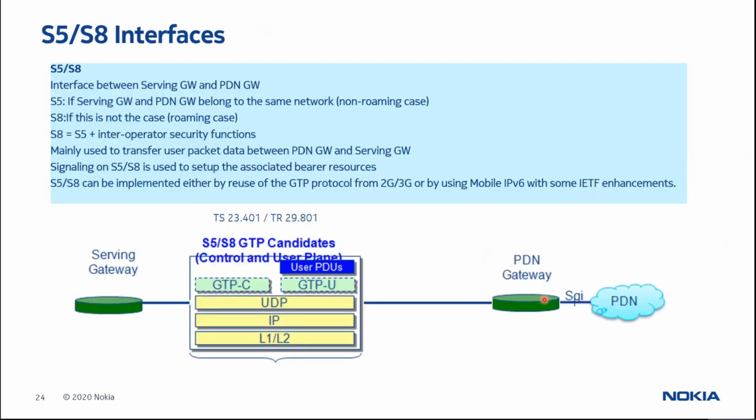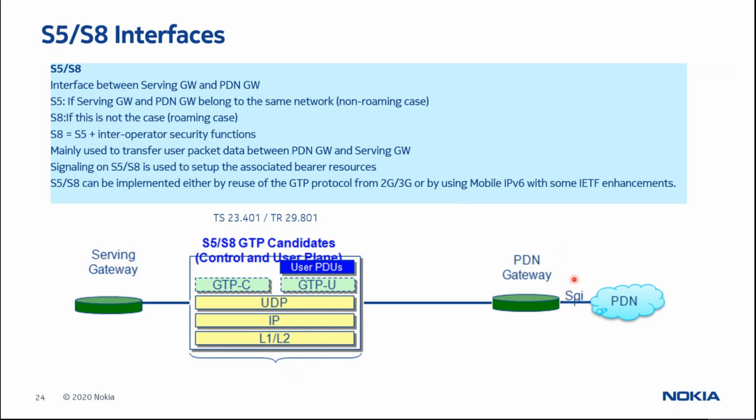Of course, when you talk about serving gateway and PDN gateway, the main difference between S5 and S8 here is that S8 is used as an interface in case the serving gateway of operator Y is going to talk with the PDN gateway of operator Z. So if serving gateway and PDN gateway both belong to the same operator, then you have S5.